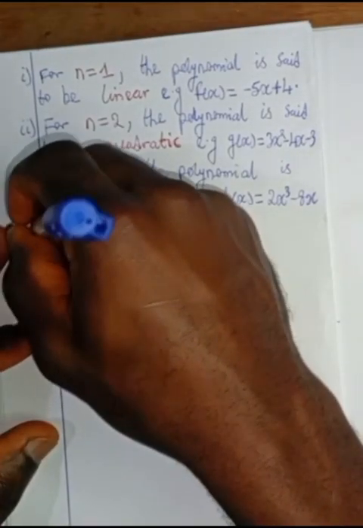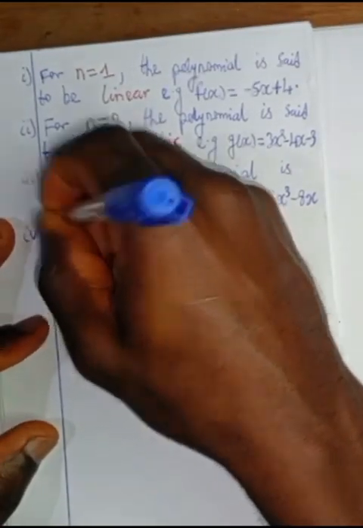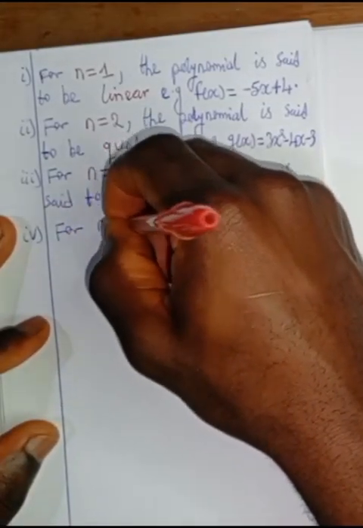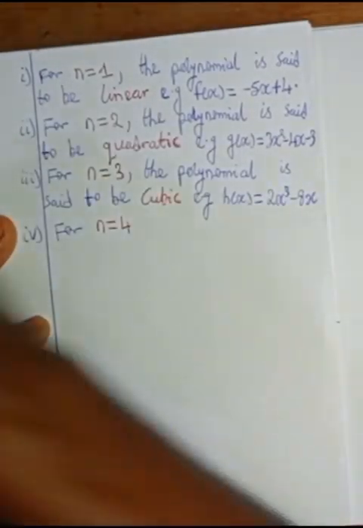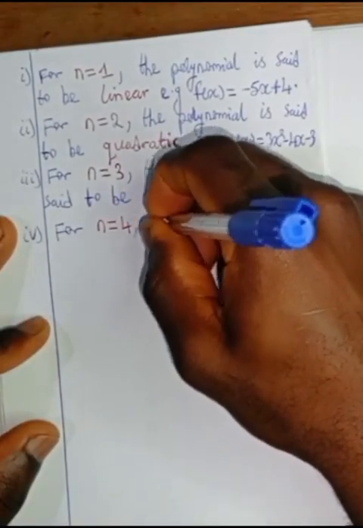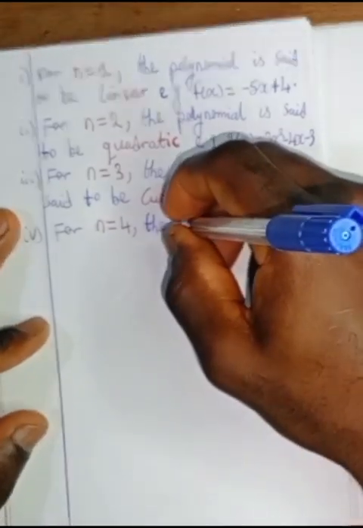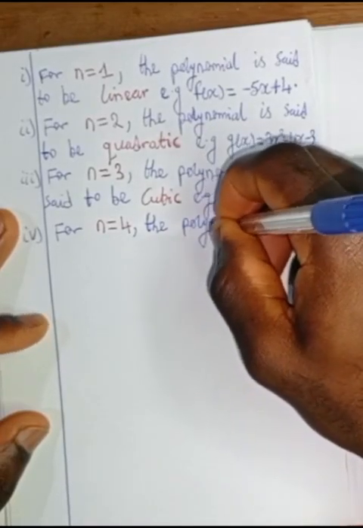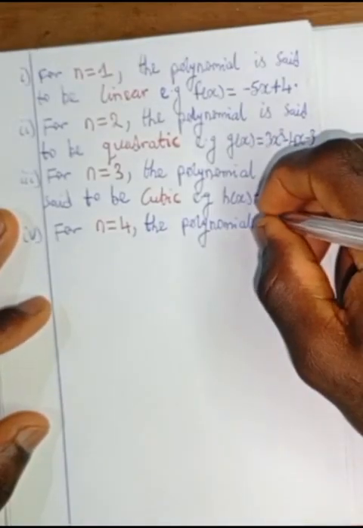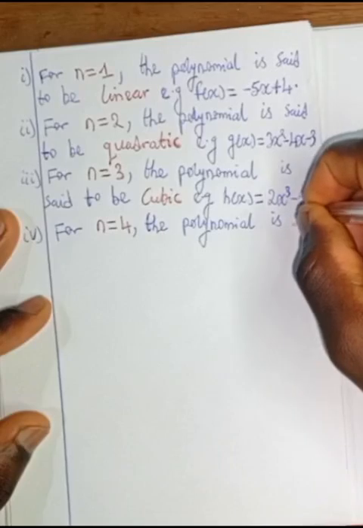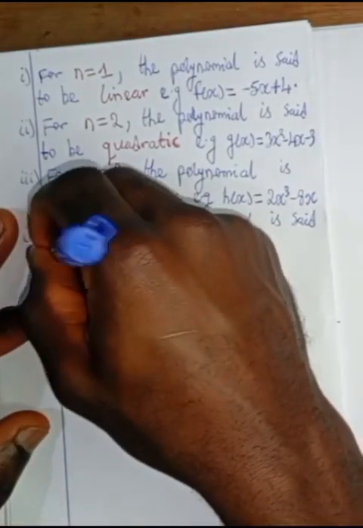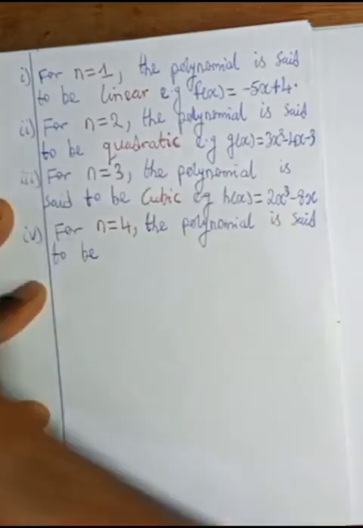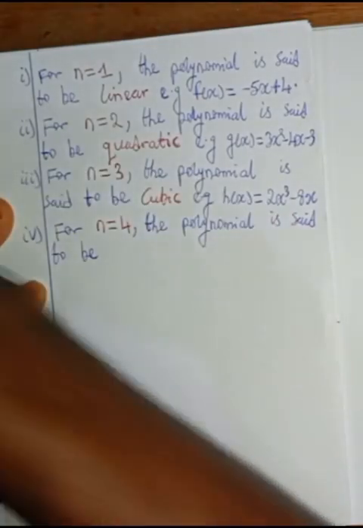We go to 4 for n equal to 4. The polynomial is said to be quartic.